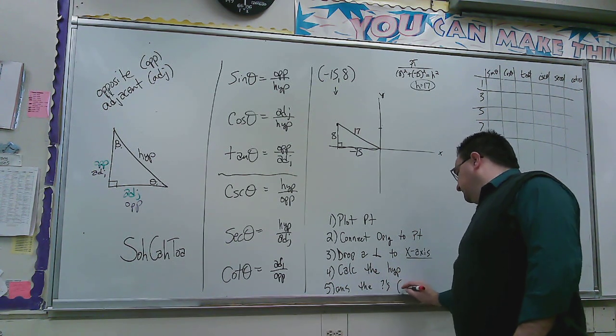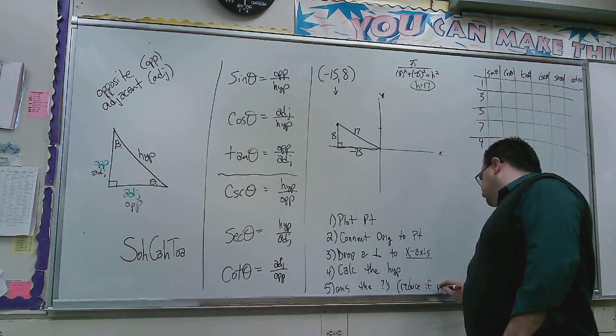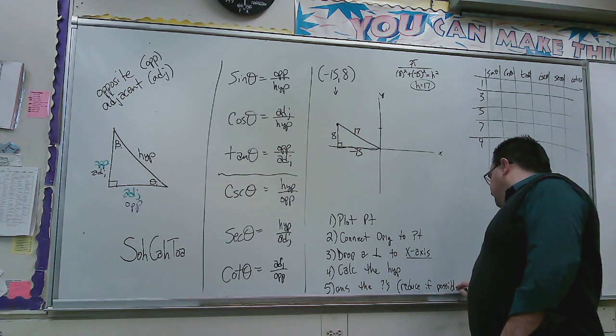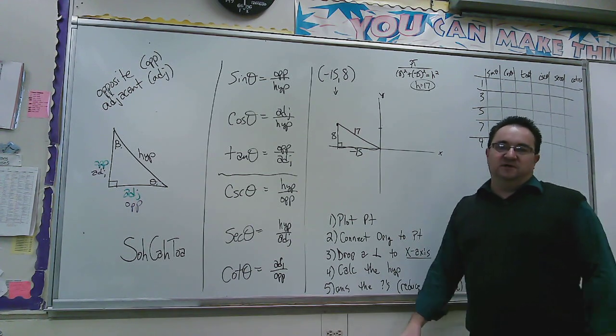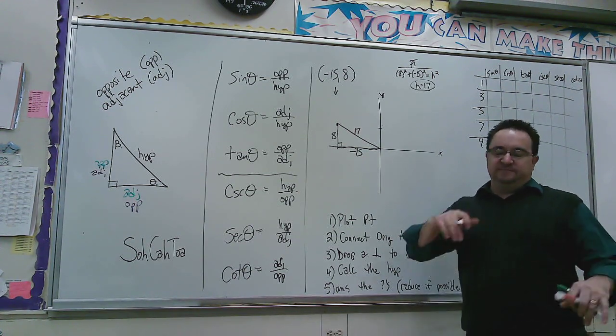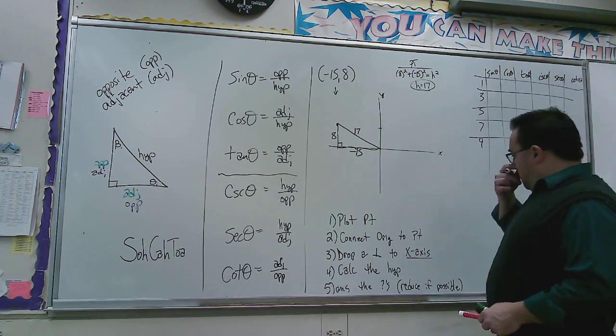And let's put in parentheses, reduce if possible. Now the answers in the back of the book might use radicals. Because we're doing this remotely, just do decimal and just leave the decimal in the fraction. That's fine. All right, so here we go.